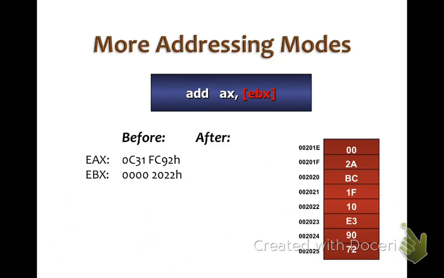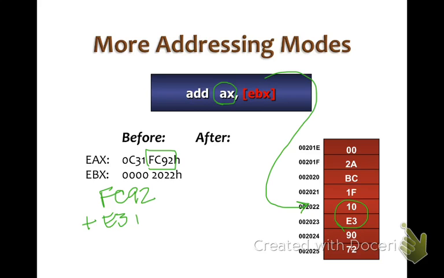So let's modify this just a little bit. Now you'll notice that this is not a 32-bit addition, but a 16-bit addition. In this case, I'm going to be adding what is in AX. Well, this is in AX, so FC92 to the 16 bits that EBX is pointing at. So I'm just going to be looking at this. So plus E310.